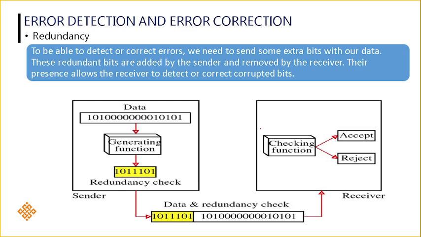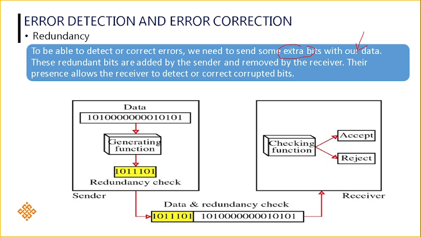Then how to identify or detect those errors? In order to detect any error at the receiver side, the protocol should add some extra bits that we call redundancy bits. Here I have written: to be able to detect or correct errors, we need some extra bits along with our original information.